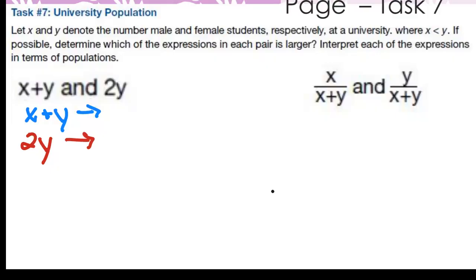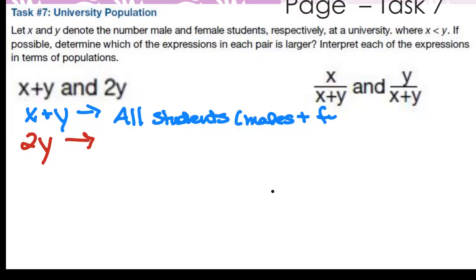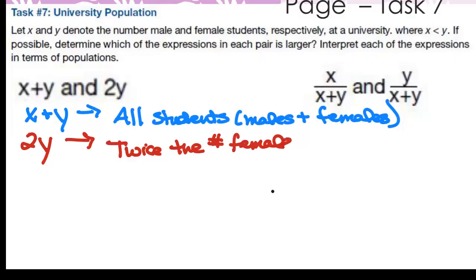Yeah, all students, right? Basically, the males and the females. And what does 2y represent? Twice the number of female students.